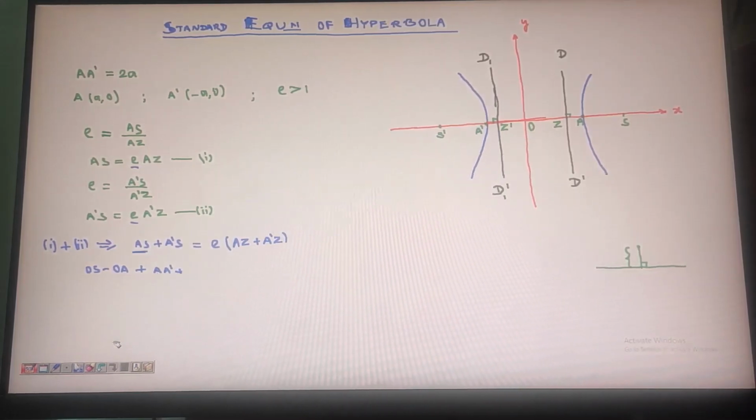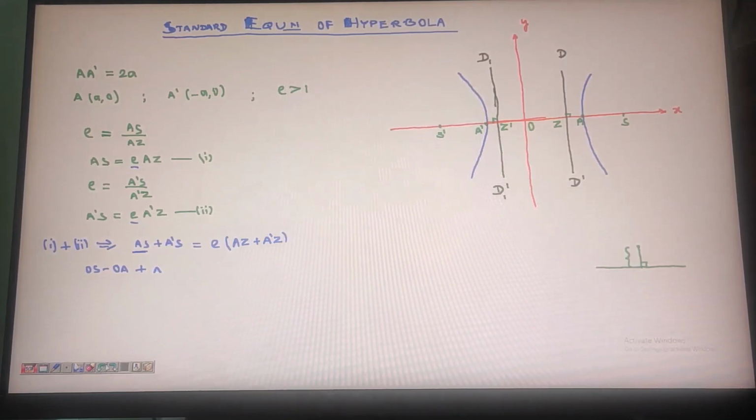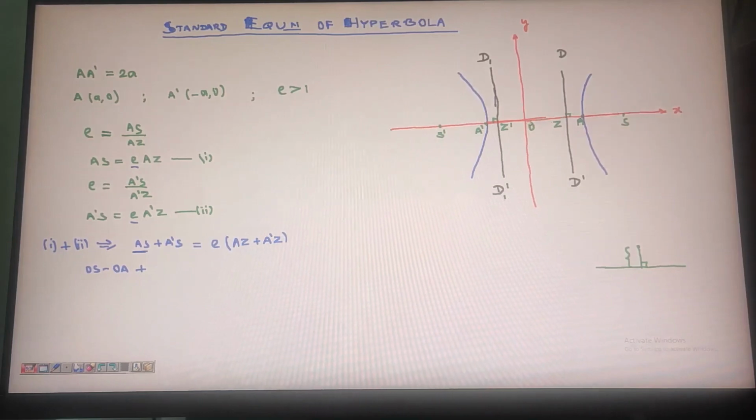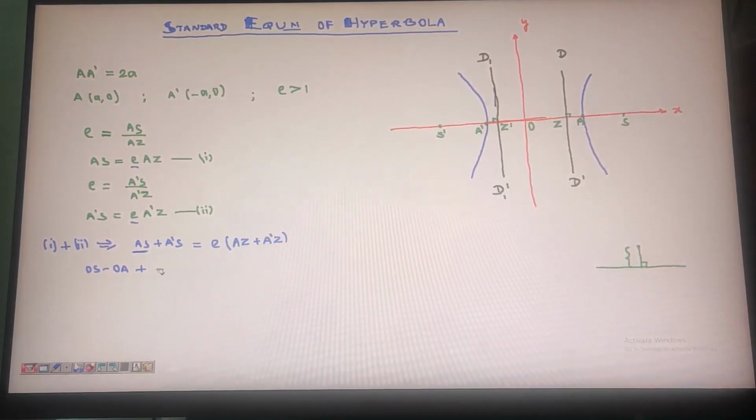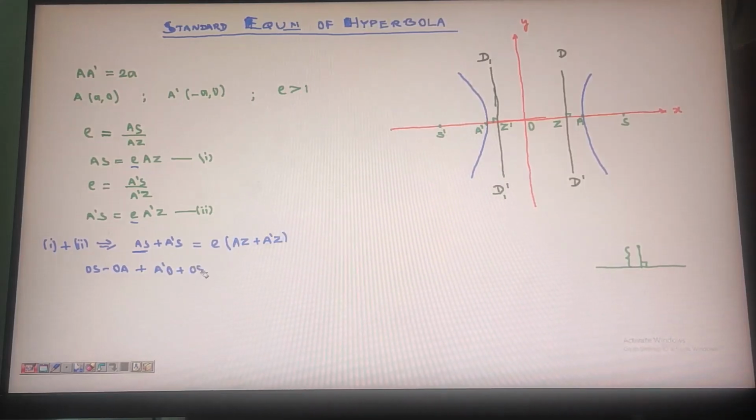I will make it like this. A dash S is nothing but A dash O plus OS. Am I correct?